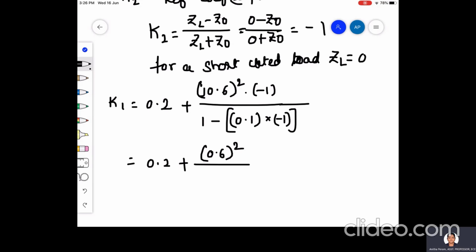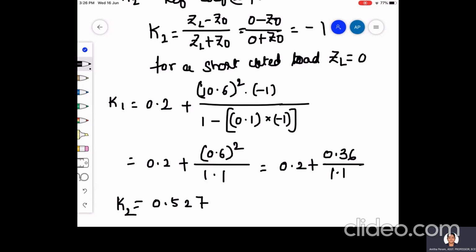Denominator will be 1 plus 0.1, which is 1.1. So we get 0.2 plus 0.36 divided by 1.1. If you evaluate, K1, sorry, not K2, we are evaluating K1, which gives you 0.5273.